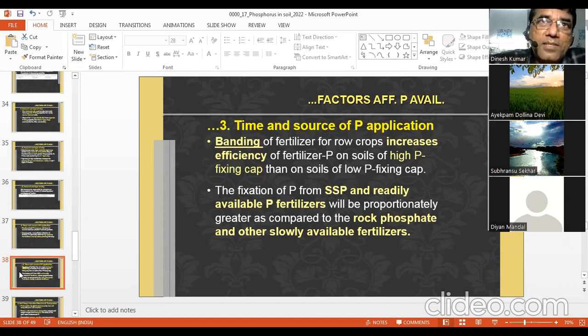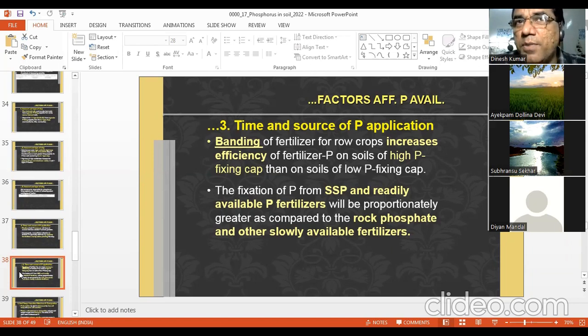So in that case, insoluble phosphatic fertilizer like rock phosphate should not be band applied. It should be properly broadcast into the soil. First thing is that it should be powdered well. Make very fine powder of rock phosphate, so that the particle size is small and the total surface area will increase.